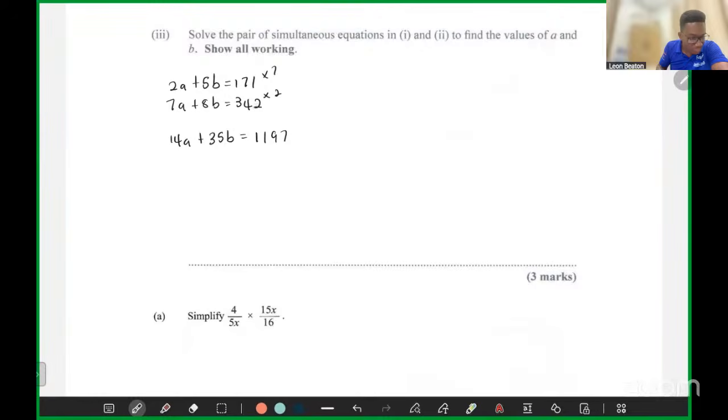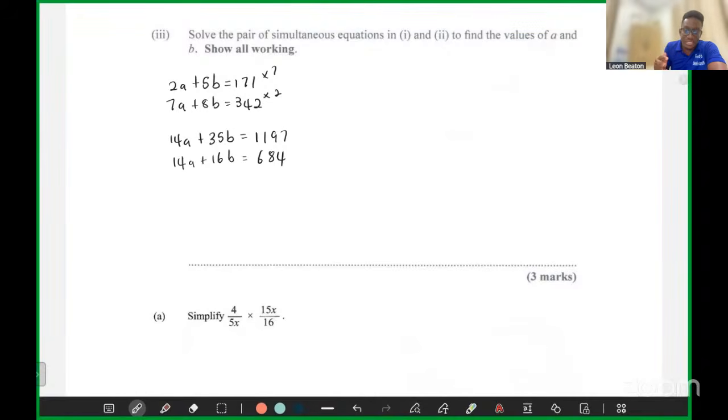And multiply the bottom by 2. 7A times 2 would give us 14A. 8B times 2 would give us 16B. And 342 times 2 would give us 684.